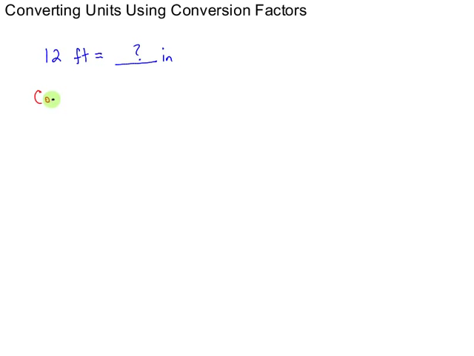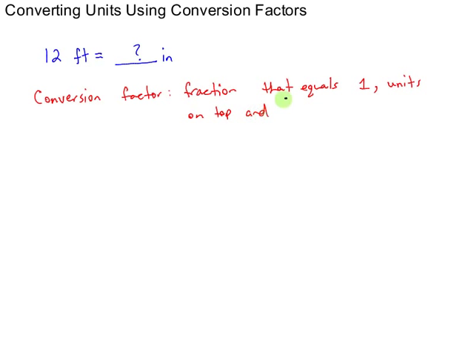So the important thing about a conversion factor is it is basically a fraction that equals 1. And the other thing is the units on top and bottom are not the same.